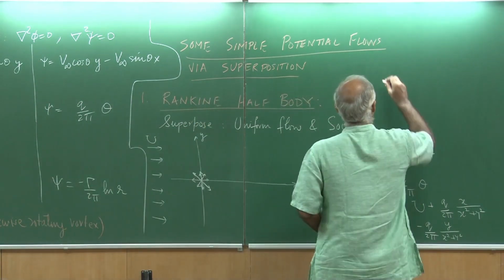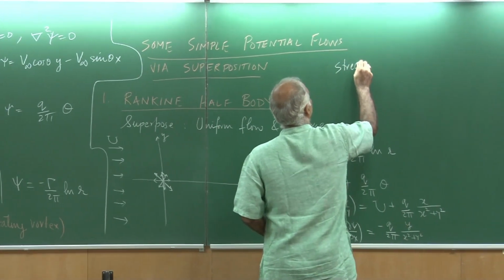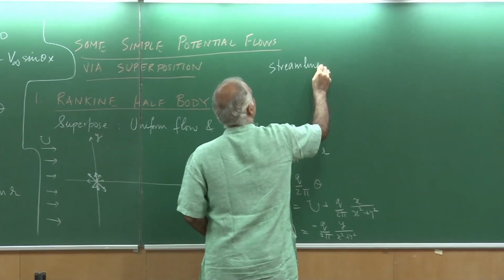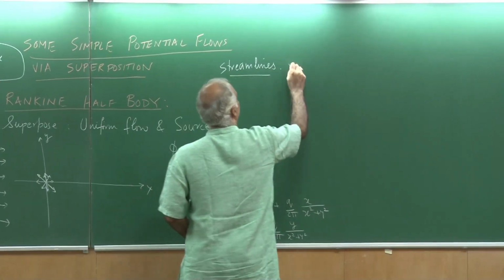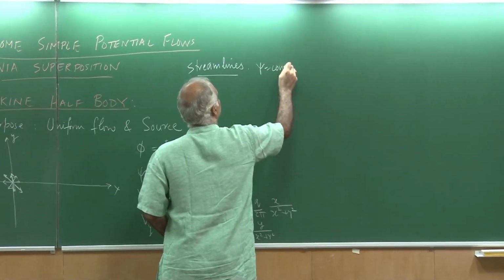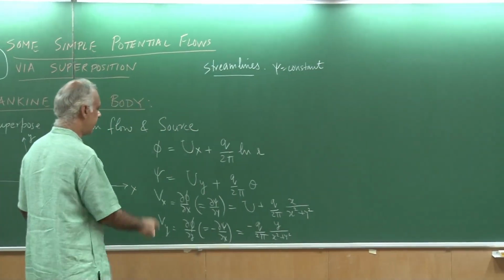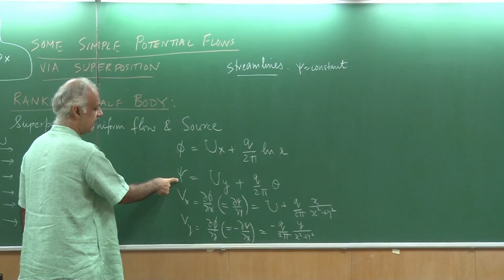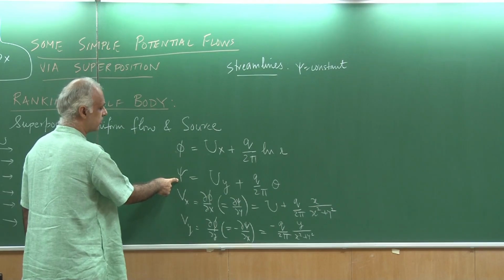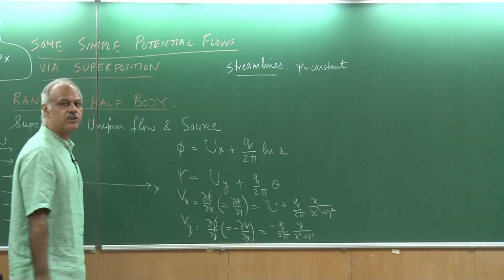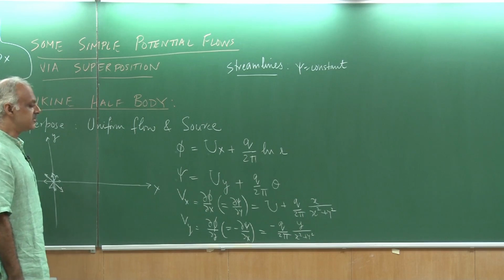The streamlines are given as psi equal to constant. So, if I take this function and I simply put psi equal to constant and I change the value of the constant, I would get different streamlines.